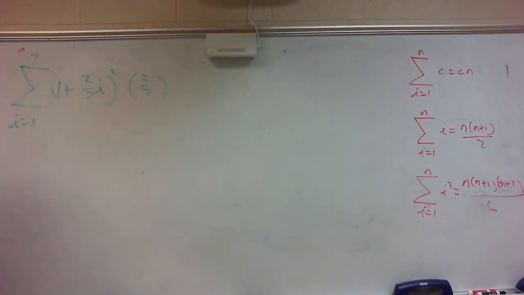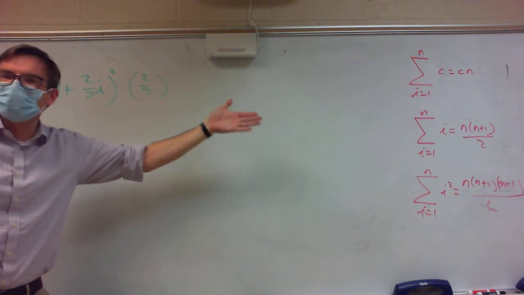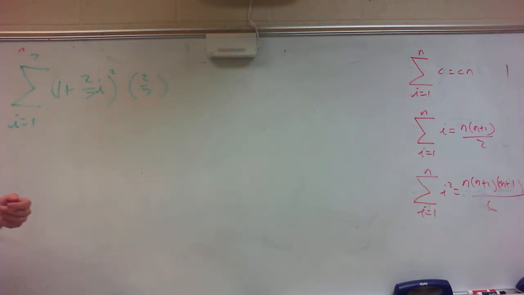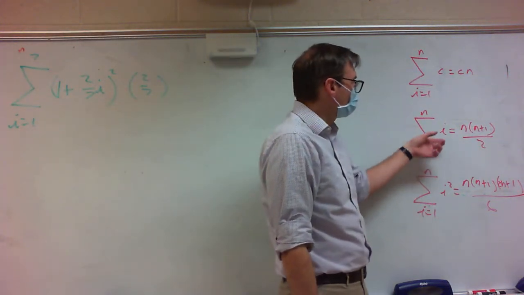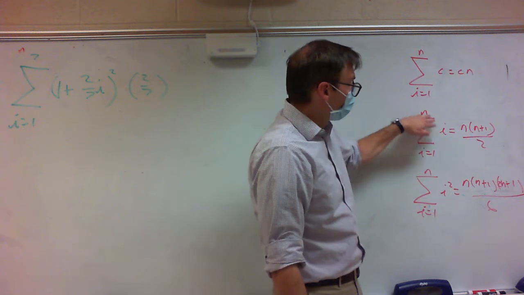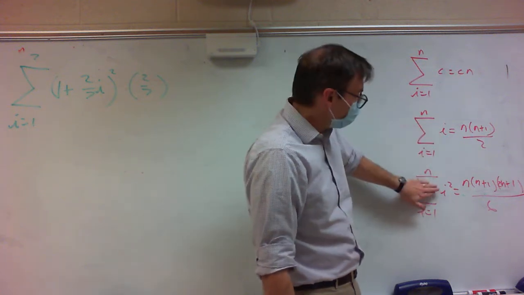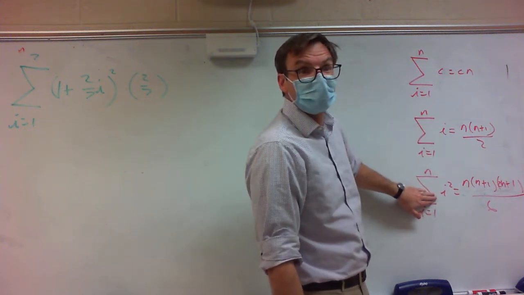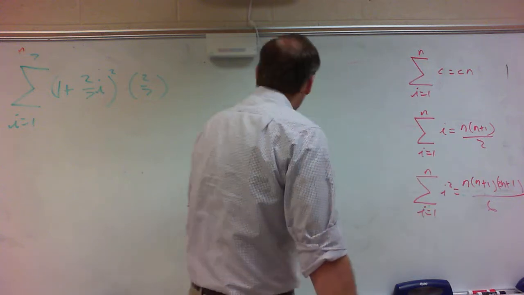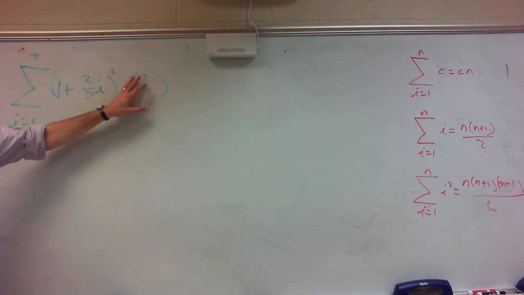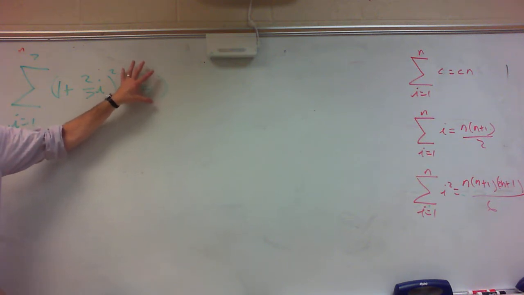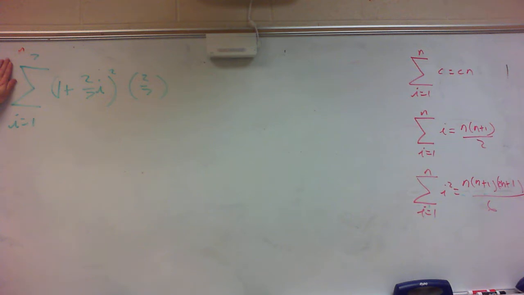Now, how do you use those formulas to answer this question? Well, to use these formulas, you need to see the sum from i equals 1 to some number of i, or of i squared. So first, with summations, kind of like derivatives, numbers that are being multiplied are decoration, and I can put those out front.